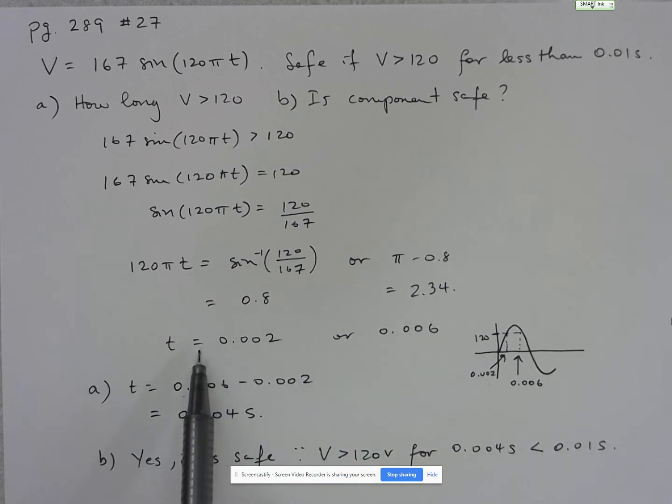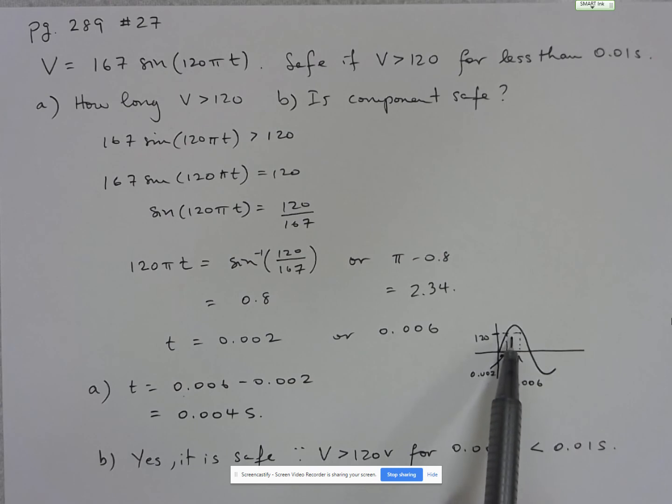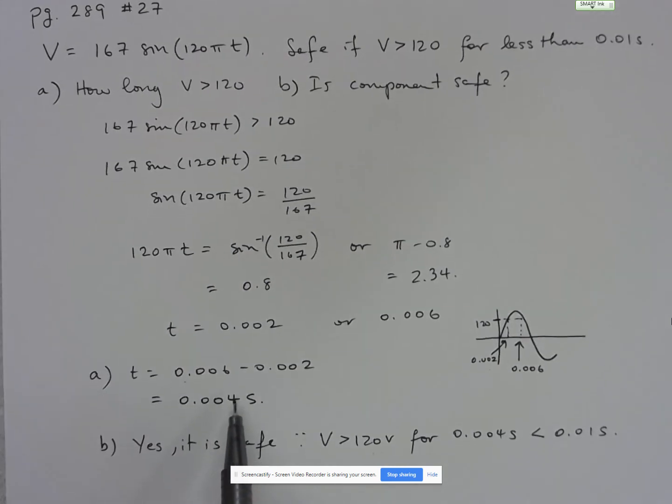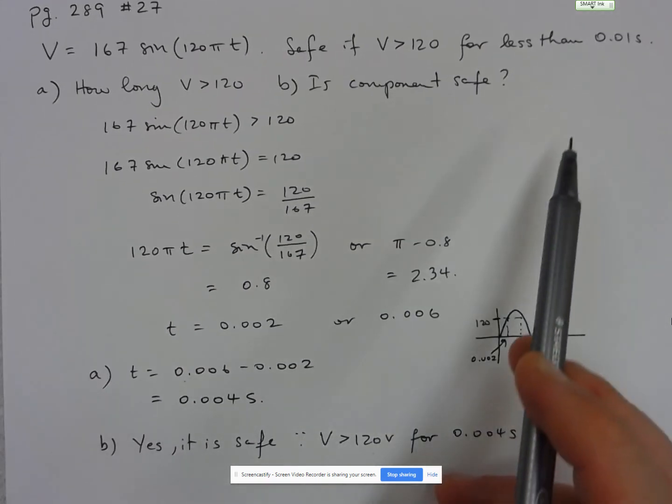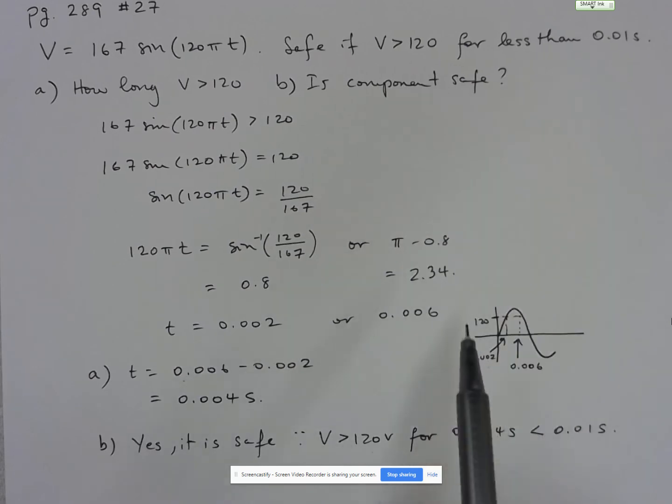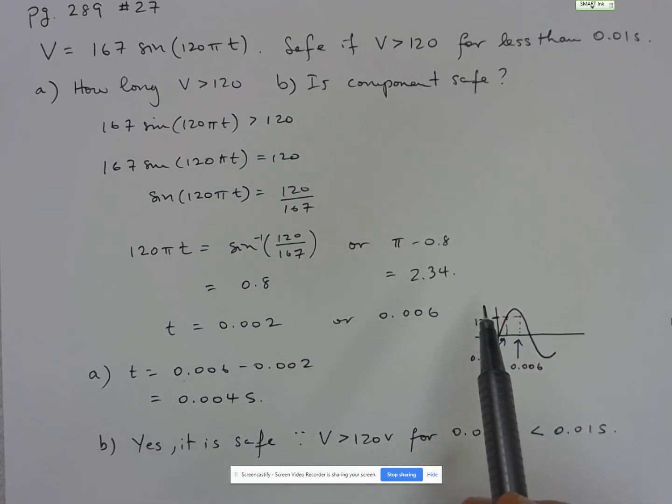Then we solved for t, and then we used a graph to determine when it was greater than 120. And once we determined that time frame, 0.004 seconds, we realized that it was less than the 0.01 seconds that was necessary for the component to be safe. All right, that's it for this one.